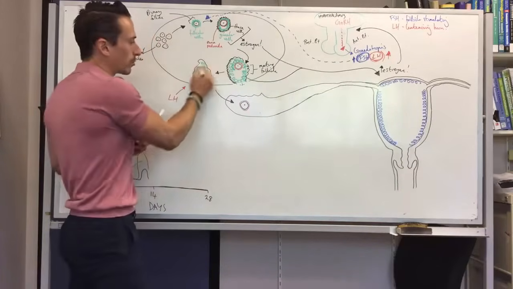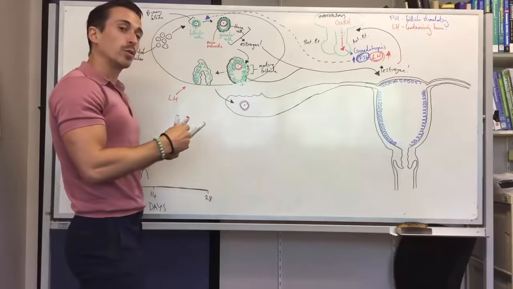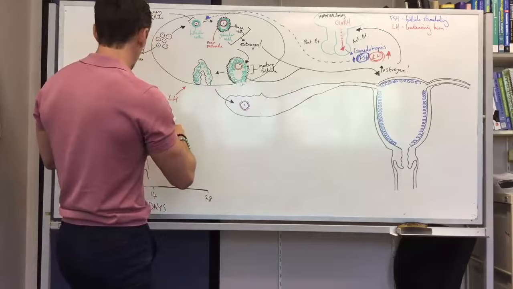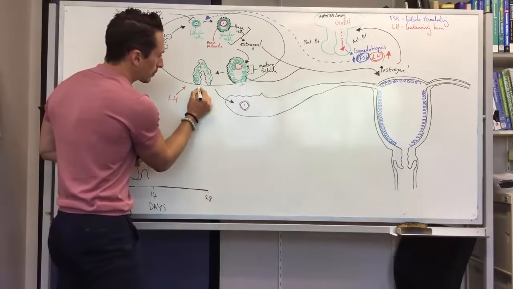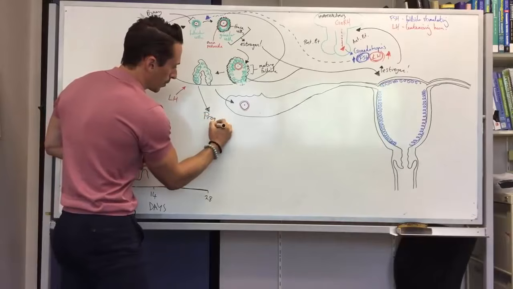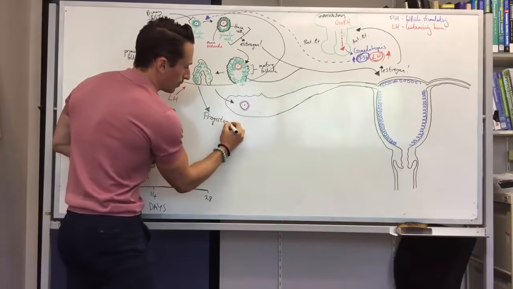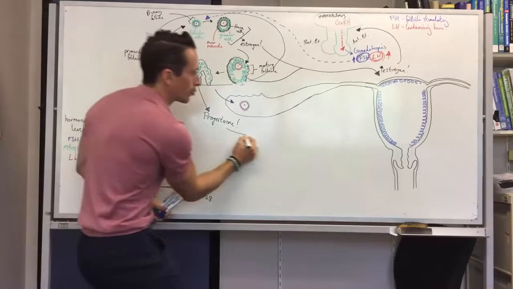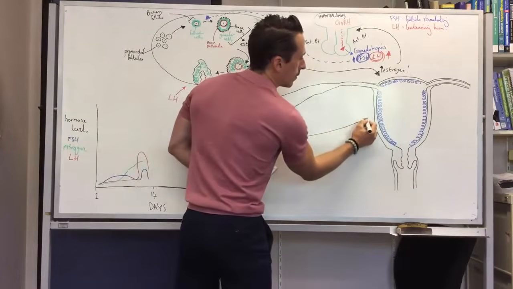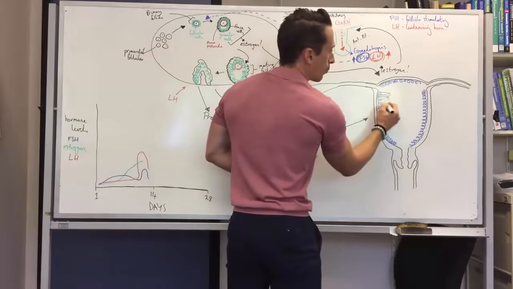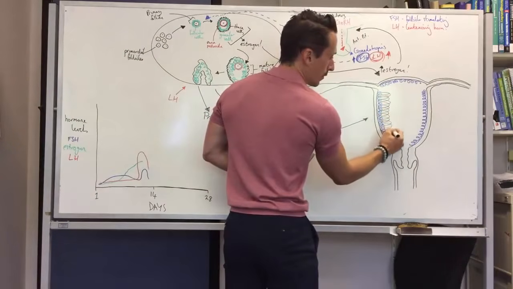What does it tell these groups of cells to do? It tells them to release another hormone, and this hormone is called progesterone. What does progesterone do? Progesterone travels again to the uterus, and it tells the uterus to really start to prepare its lining for implantation.